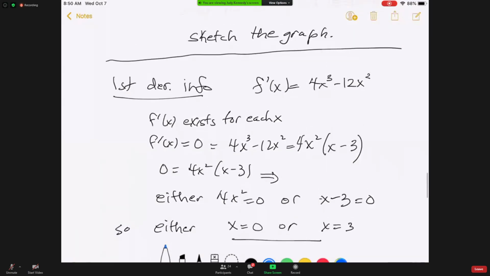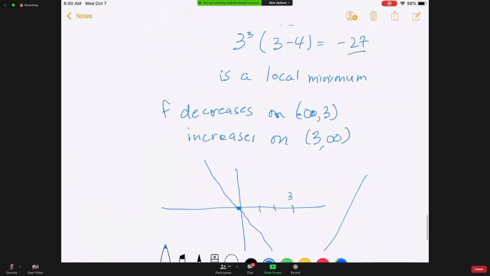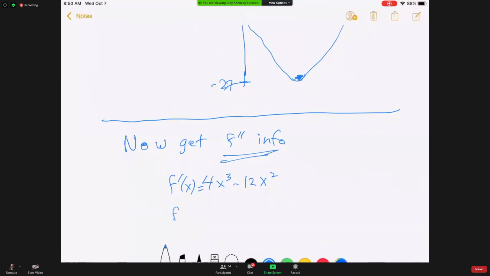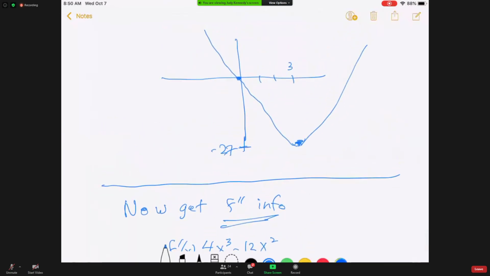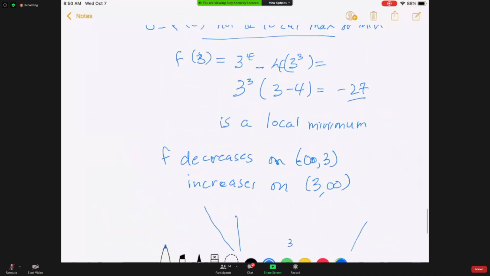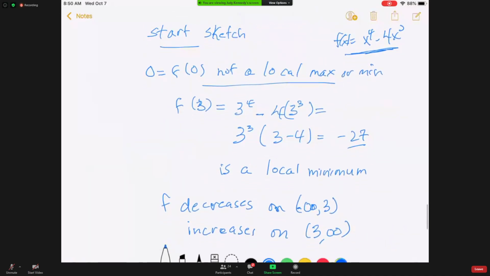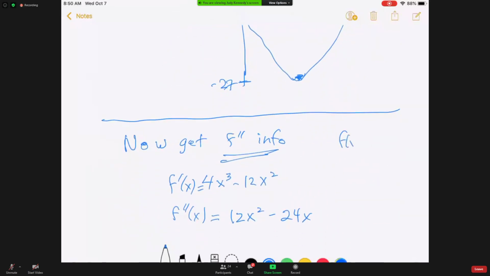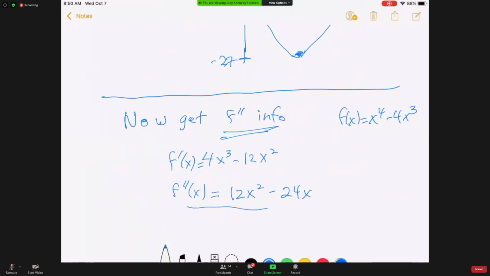Yes, f prime is 4x cubed minus 12x squared, which means that f double prime is 12x squared minus 24x. And so I won't have to go flipping through again, let's write down f. f is x to the 4th minus 4x cubed. Okay, so there's our second derivative.